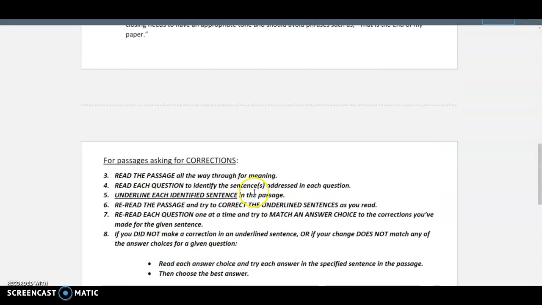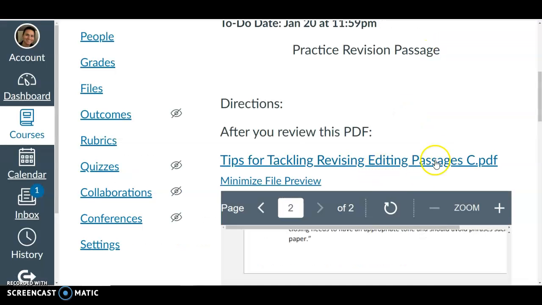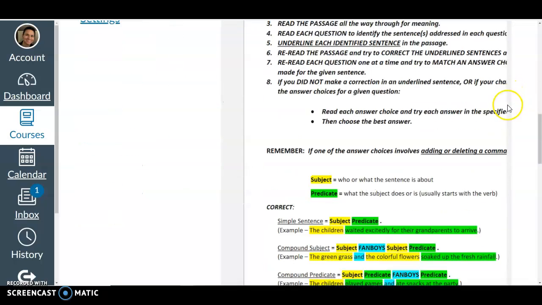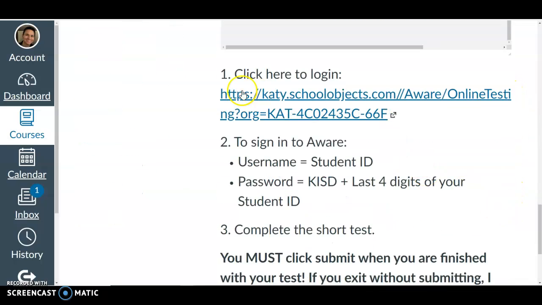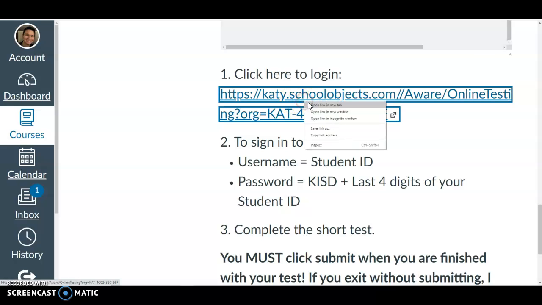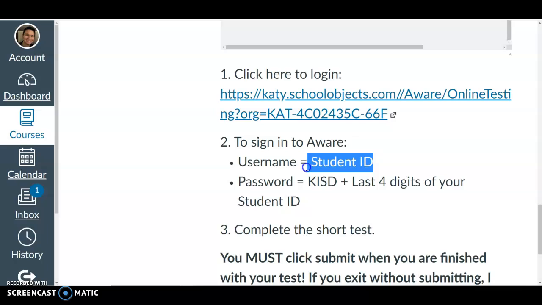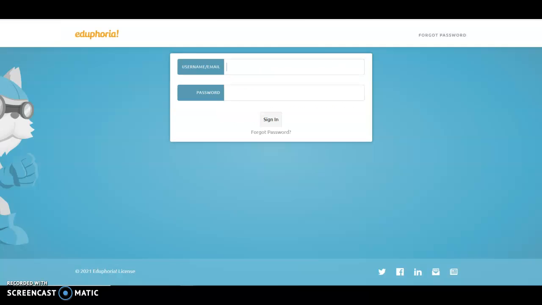Once you're finished here, go back to your module. At the very bottom you see the instructions. You're going to click here, open it up. It's going to look something like this. And you're going to put in your student ID.